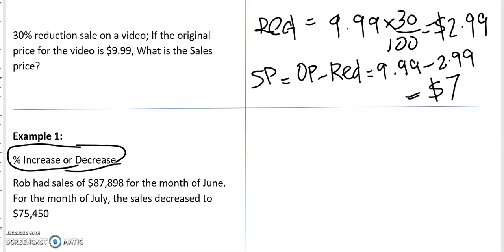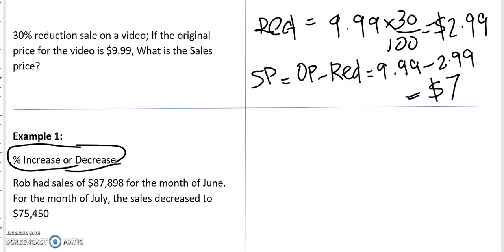For instance, Rob had sales of 87,898 for the month of June. For July, the sales actually decreased to 75,450. Let's find the percentage increase or decrease for Rob's sales.